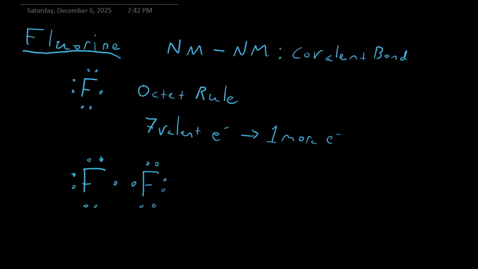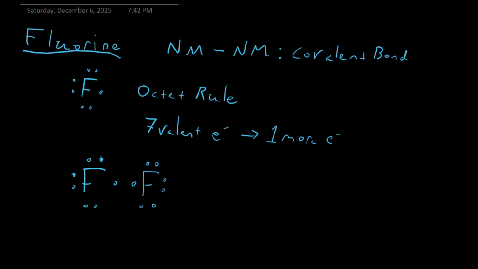It's always in between the 2. That simplifies how we signify that they're sharing an electron or electrons. It will let us know which ones are being shared and which ones are not being shared.